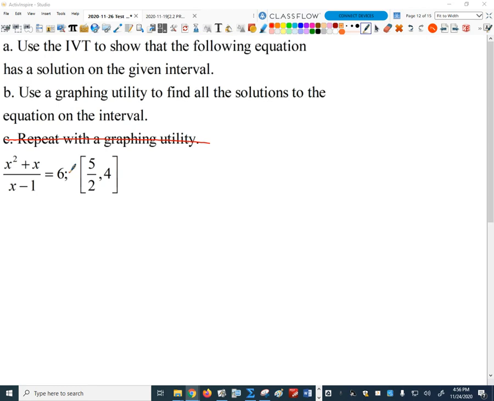It has to be between the values of the endpoints.